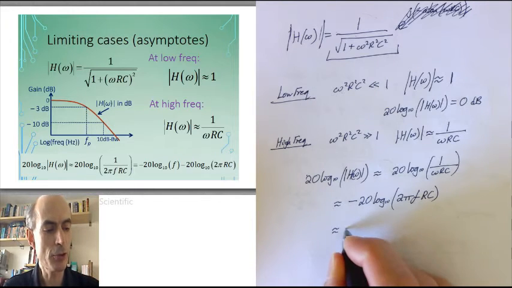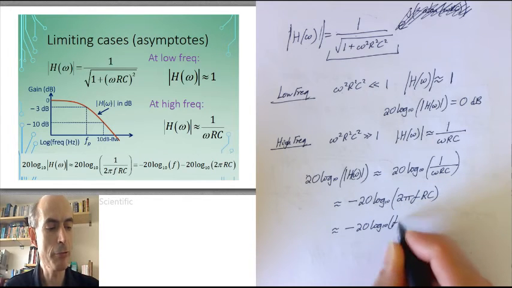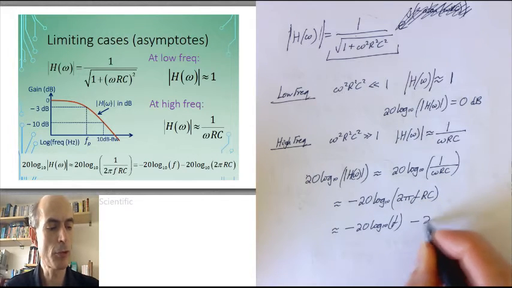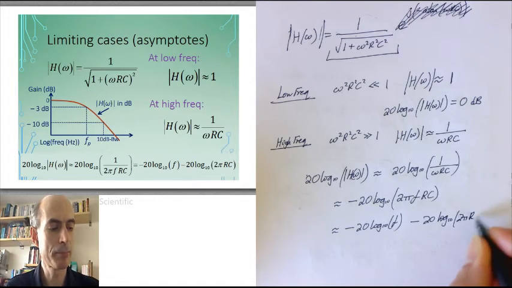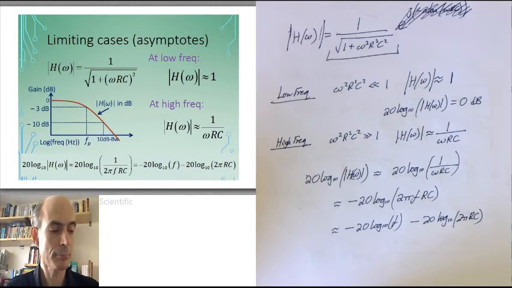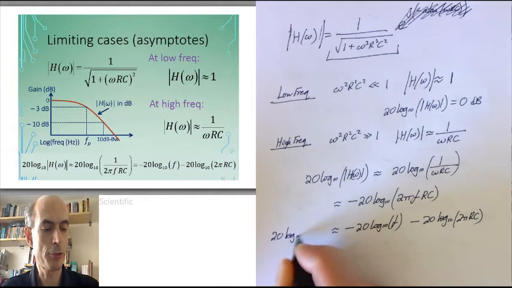So I could write this as minus 20 log 10 of f minus 20 log 10 of 2 pi RC. And I would get this.